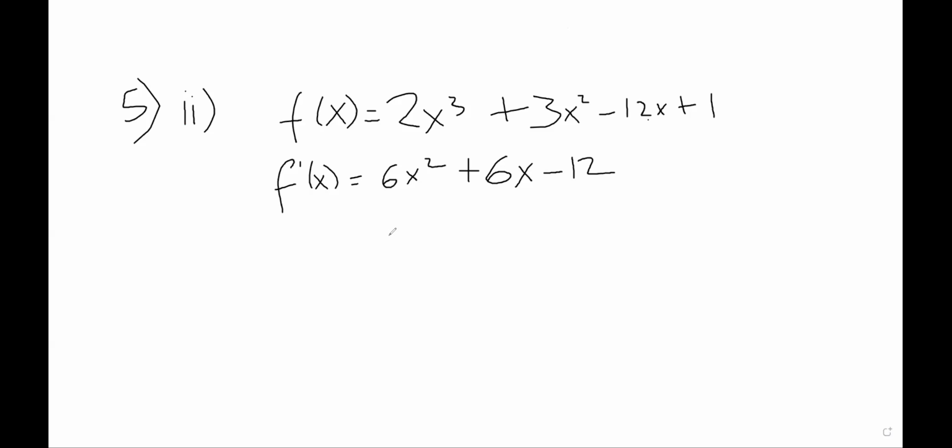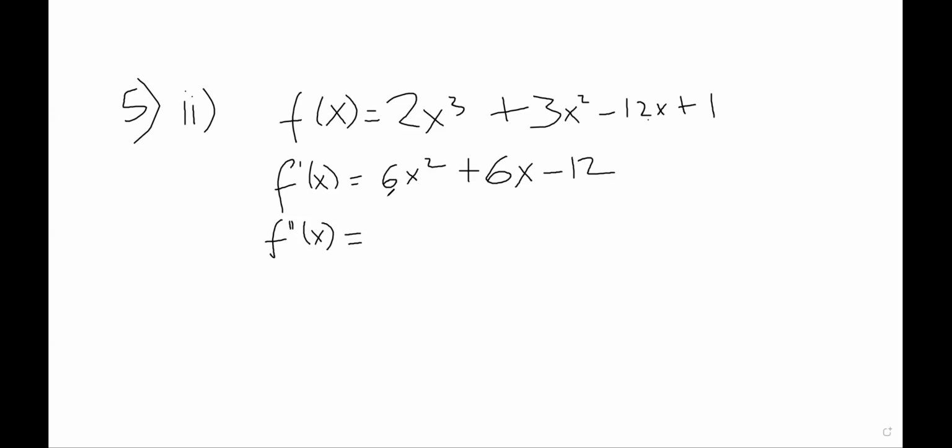So we say f double prime x is equal to, all right, simple differentiation, same thing we've been doing. Carry down the power, multiply, then minus 1 from the power. So the power is 2, carry down the 2, multiply the 2 by 6 gives us 12, and then minus 1 from the 2, which will just give us back 1, right?